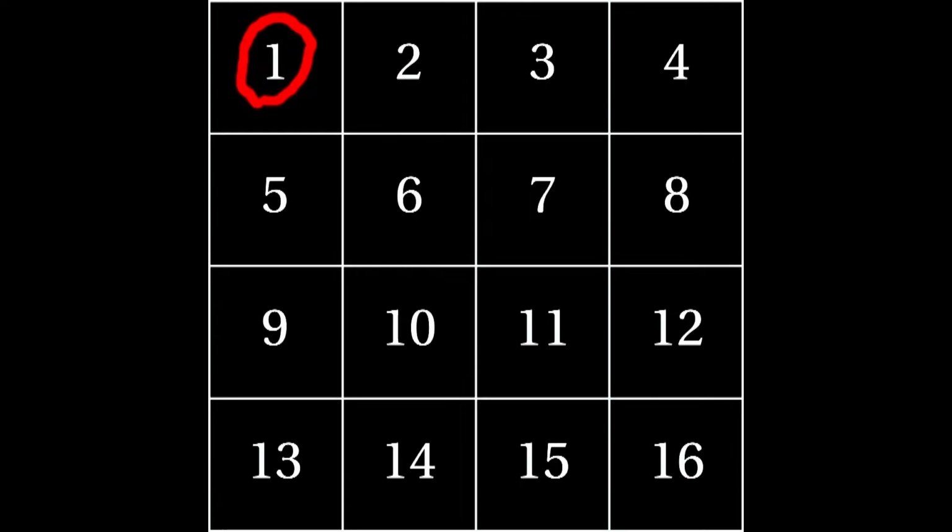And Nuke would use the order 1, 2, 3, 4, 5, 6, 7, 8, etc. But when we import from Fusion, we need to change the order, so we first take the one element and then we go instead downwards. So next one is 5, and then next one is 9, and so on.